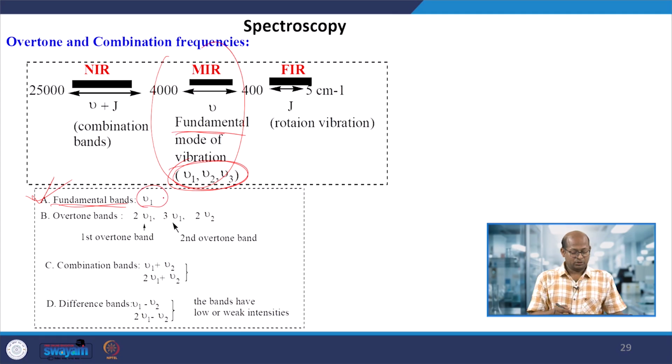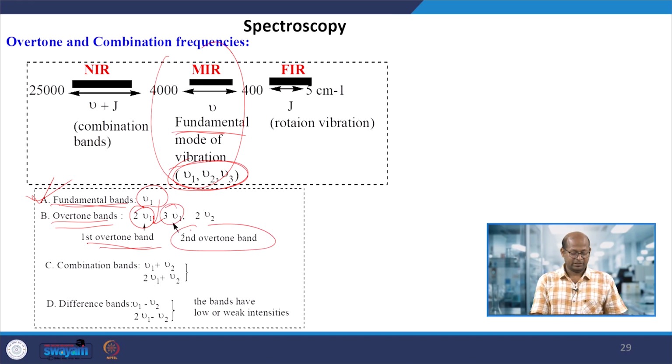Okay, in addition to fundamental bands we can also get overtone bands, which are multiples of the fundamental band, 2, 3 and so on. If the fundamental band is nu1, then 2 nu1 gives the first overtone, and if it is multiplied by 3, we get the second overtone band.